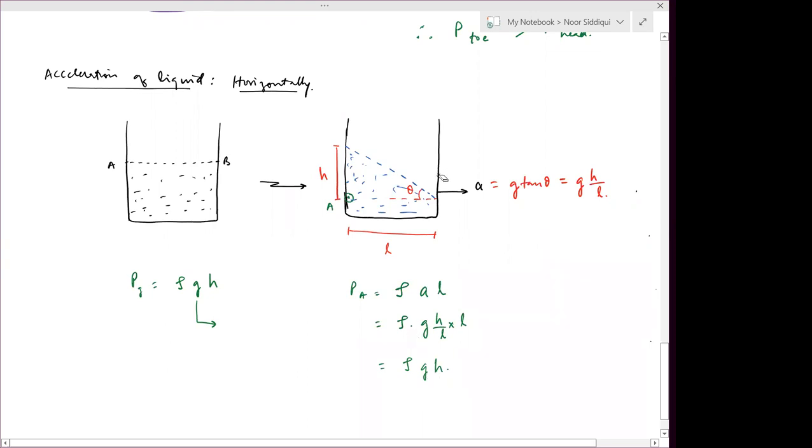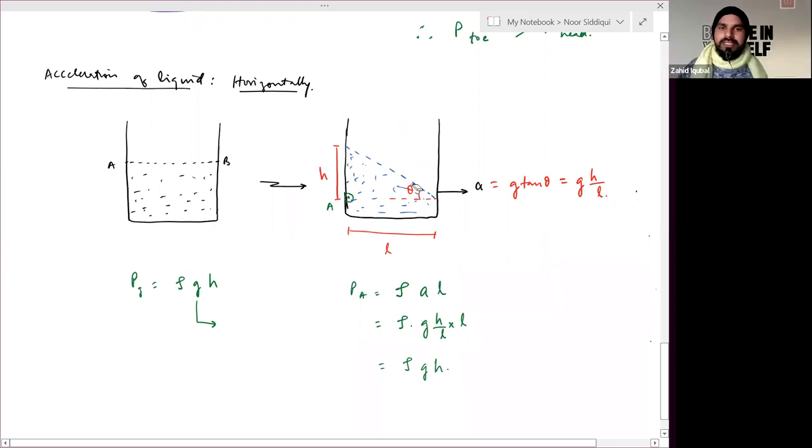So you will say due to acceleration of this entire system towards right, there is change in level of liquid at this point A, which must be exerting pressure at point A, which is this much. But initially, there is no column of liquid above it, so there will be no pressure at this point A. So we can say on acceleration of liquid towards right, there is some pressure at point A. Is it clear?